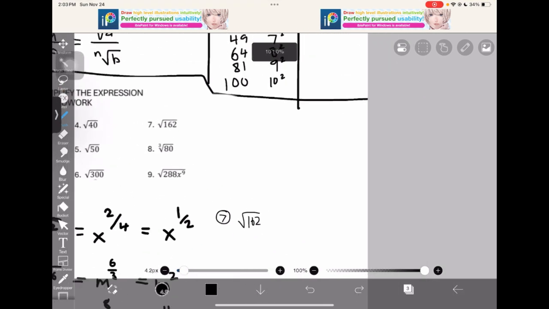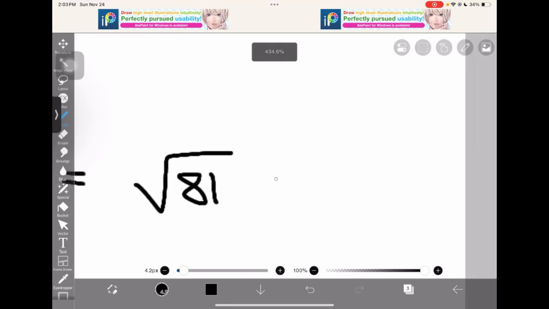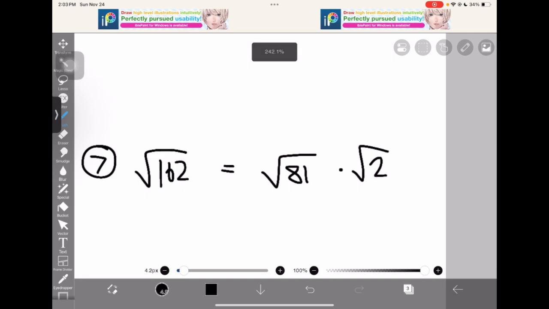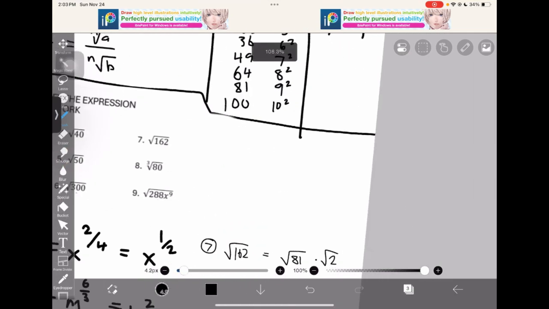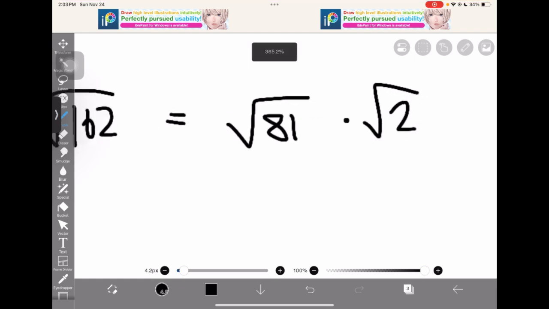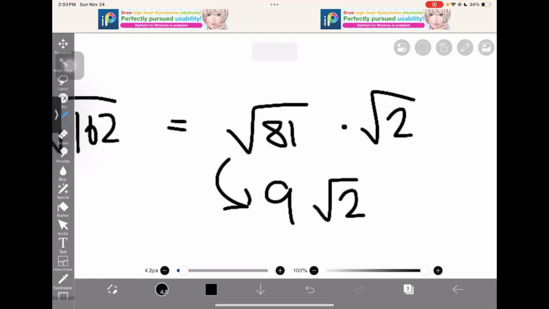Usually you're not going to deal with bigger numbers. So it's just the square root of 81 times the square root of 2. Remember, if you're unsure, just try trial and error. Which means the correct answer is 9 square root of 2. Because once again, the square root of 81 is just 9.